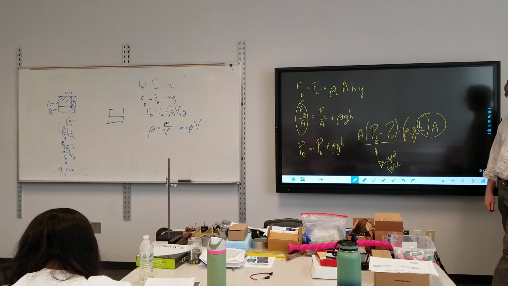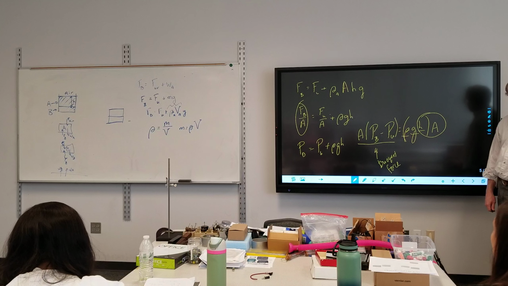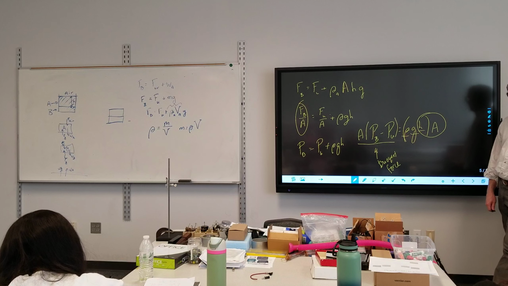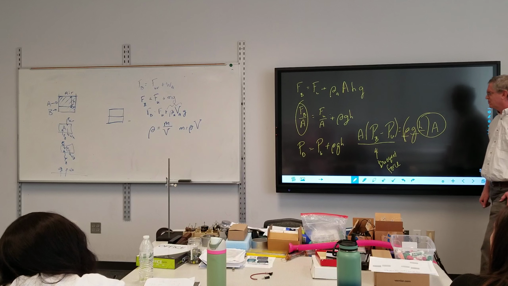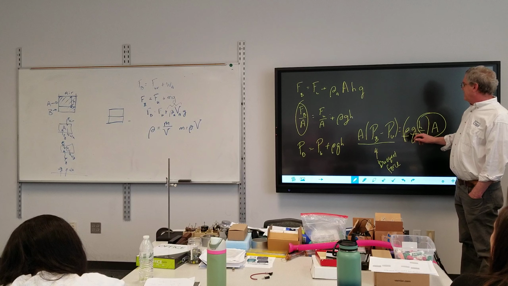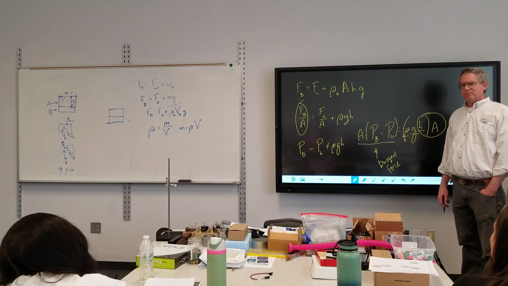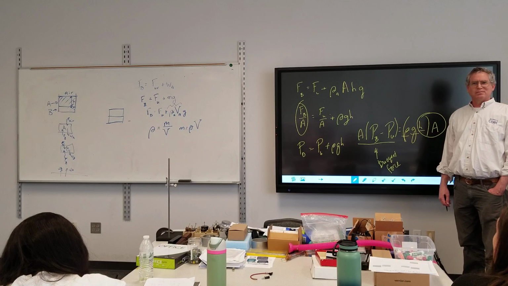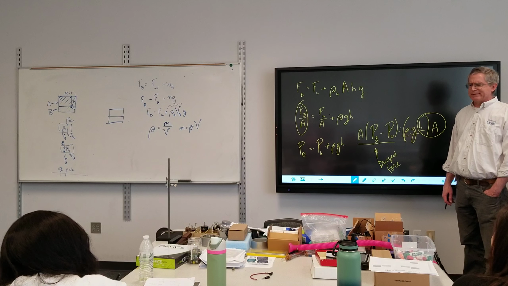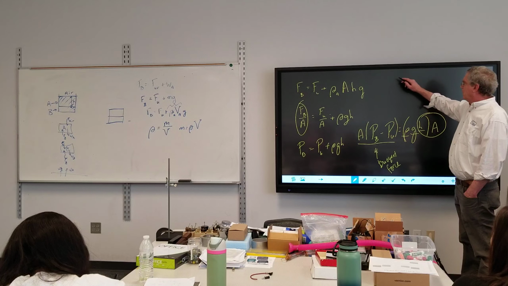So I have a buoyant force acting on me. We've already figured out that my volume is about 0.1 cubic meters. I think it was 0.0999 something. The density of air, what is the density of air? Yeah, I'm gonna have to go off memory on this one.